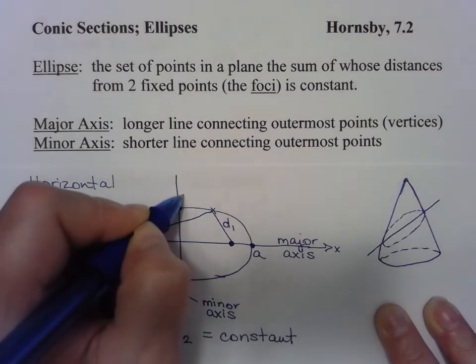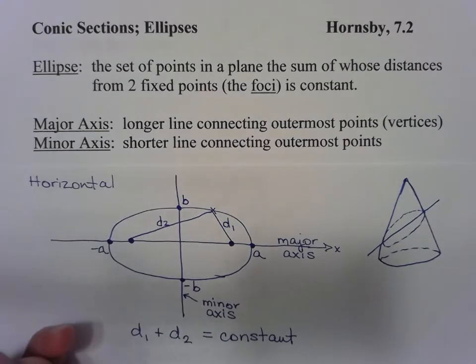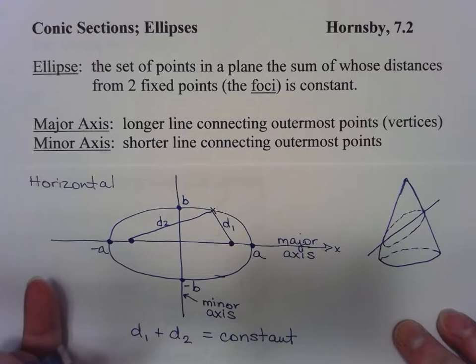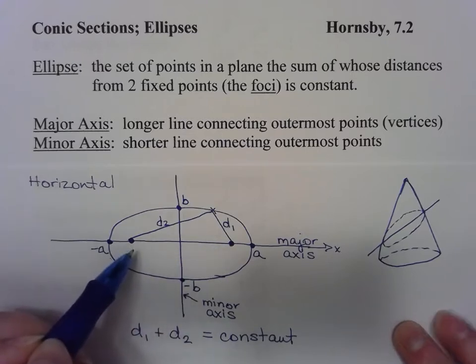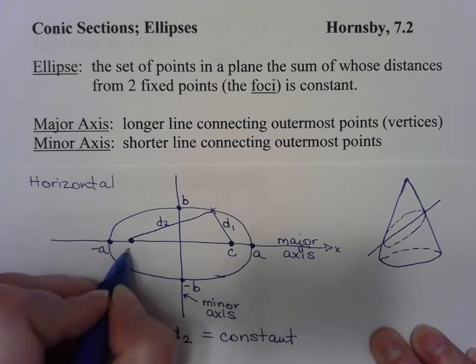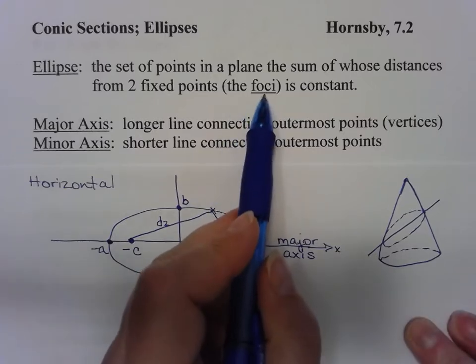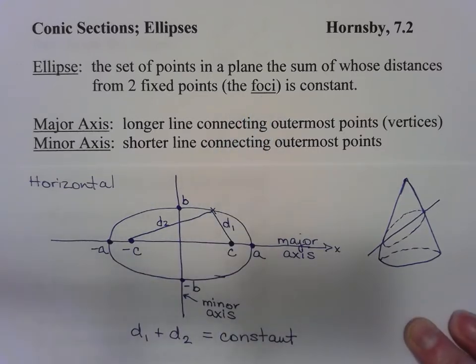And this we usually label with a b, so b and negative b. And then the focus points are always going to lie on the major axis, and these are usually labeled with a c. The plural of focus is foci. So that's what that's talking about.